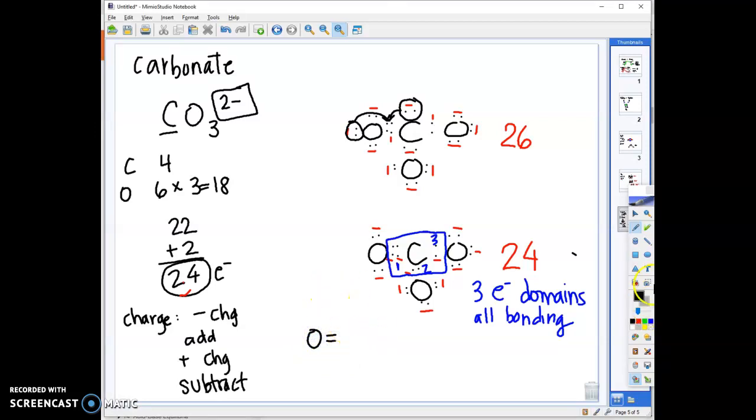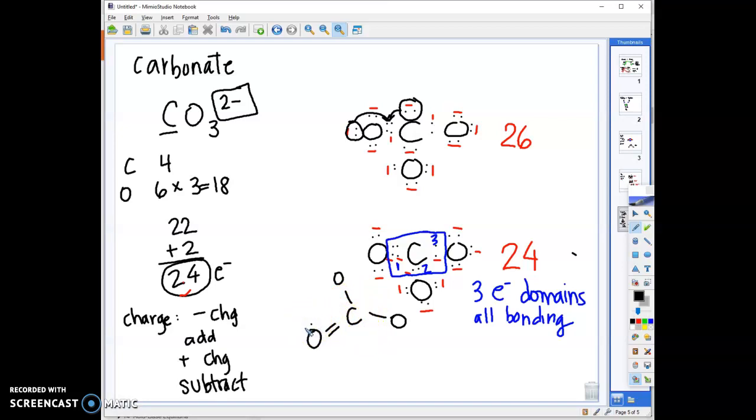Oops, let me put more of an angle there. So it's going to look something similar to this. Okay, they're not exactly 120 degrees, but you're getting them pretty spaced apart.